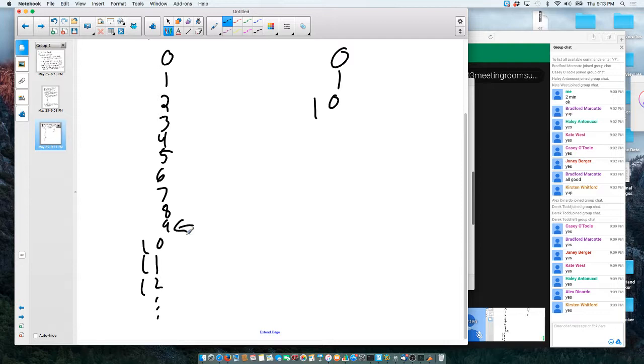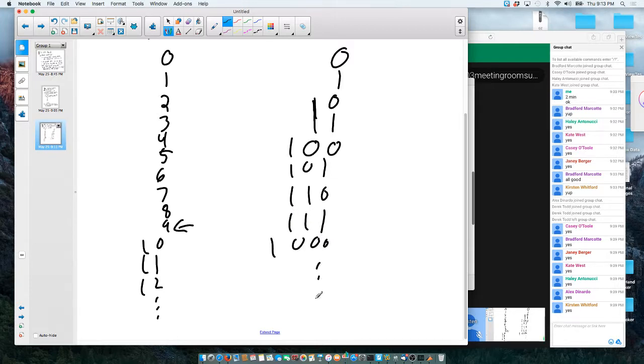Here I go 0, 1, roll over the ones place, put a 1 in the next spot, that's 2, and then that's 3. And then for 4, I roll over this one, and then I have to roll over this one, and I go over there. Okay? And then 5, and then 6, and then 7, and then 8, and on we go.